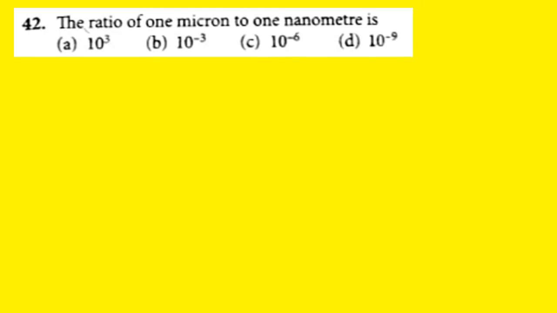Now next one, question number 42. The ratio of 1 micron to 1 nanometer. This is very easy, no children? So you know 1 micron. 1 micron is 10 to the power minus 6 meter. Then 1 nano is 10 to the power of minus 9 meter.